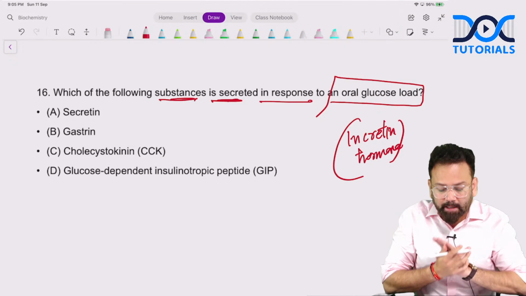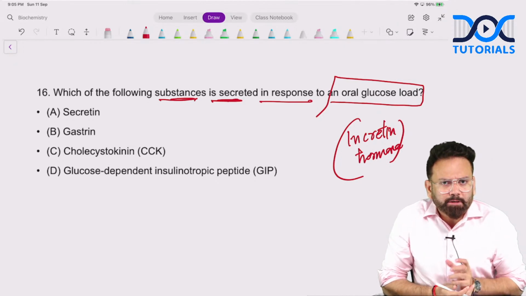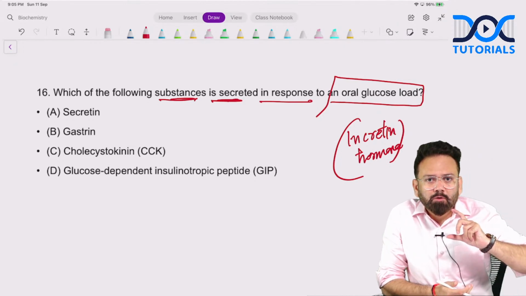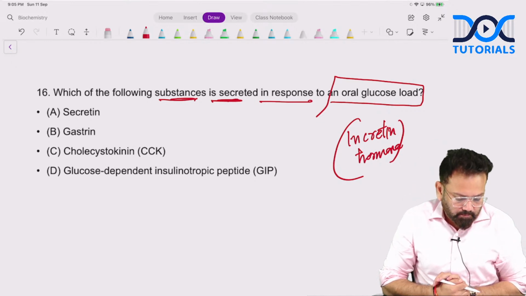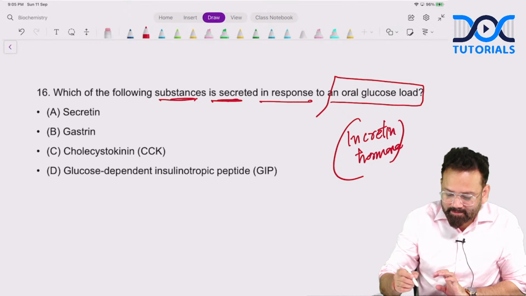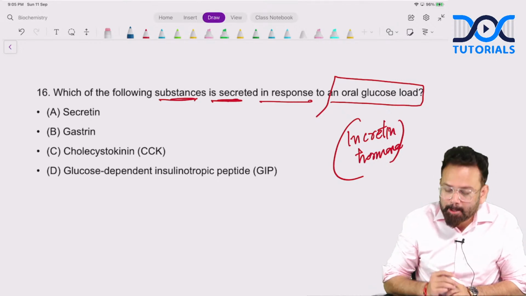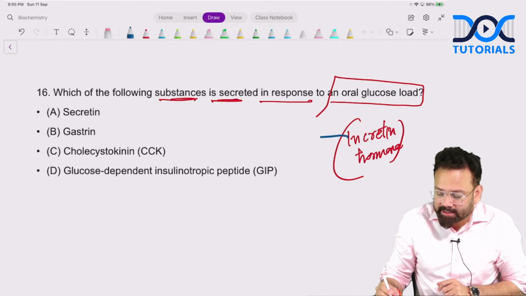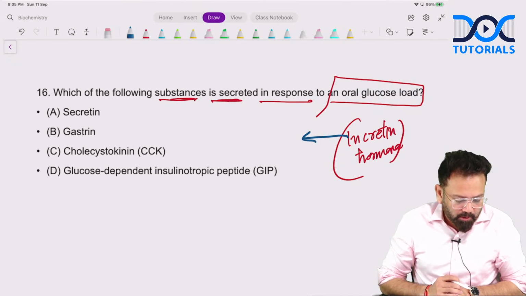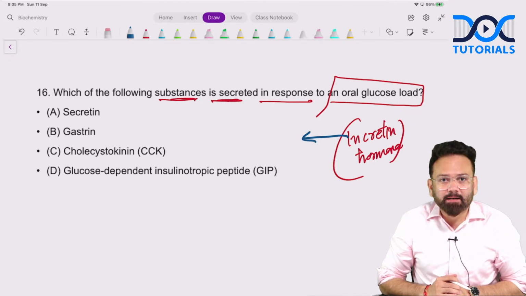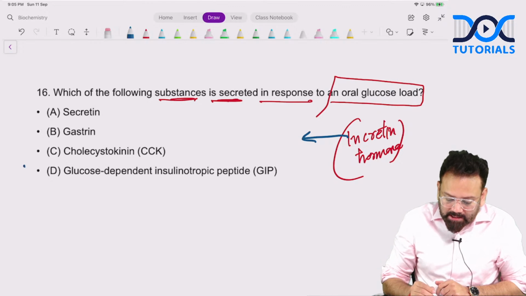We cannot give more time then. If you take glucose, which hormone will increase? Yes, tell me the answer. Which hormone is the incretin hormone? There are two hormones that are incretin. Yes, very good. Answer is D.